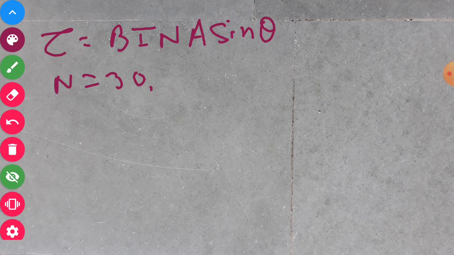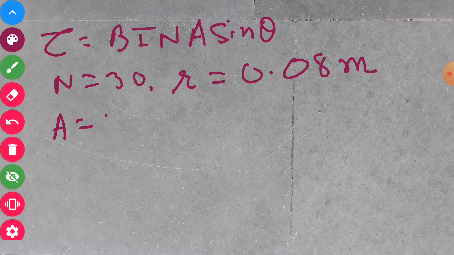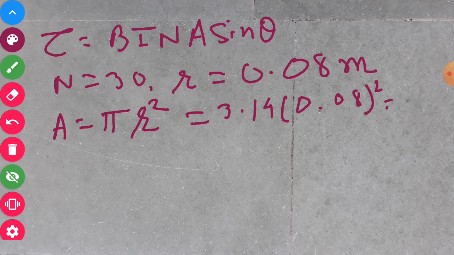The radius is 8 centimeter, so its value in meter will be 0.08 meter, and you can find the area of the coil. Because it is a circular coil, its area can be written as pi r square. So this can be found as 3.14 into 0.08 the whole square. This value can be calculated easily by you. So the area can be obtained this way.